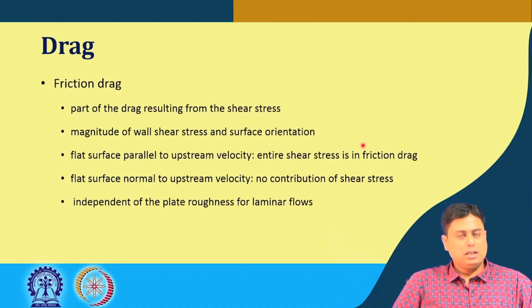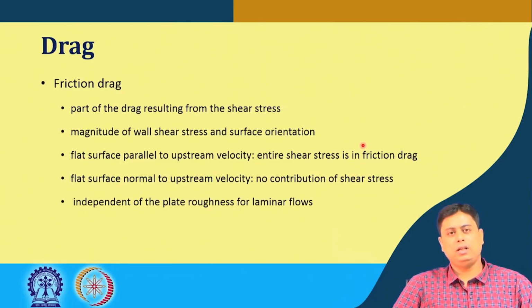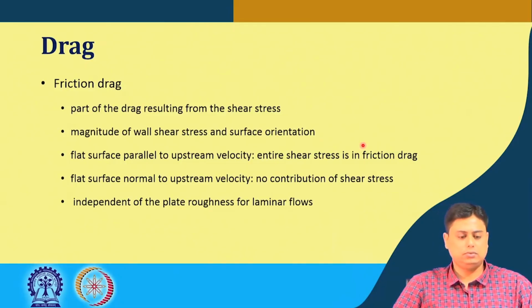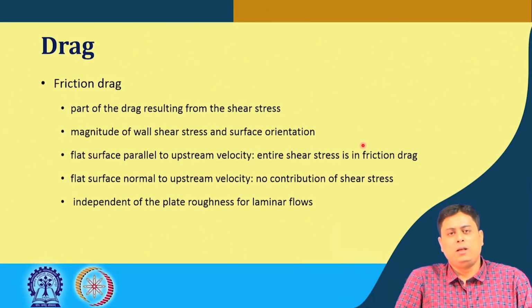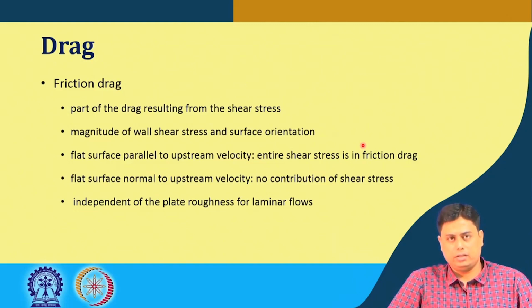Now, coming to the concept of drag, we have seen there are two types of drag. One is the friction drag, which is the part of drag resulting from the shear stress. Its magnitude depends on the magnitude of the wall shear stress and the surface orientation.